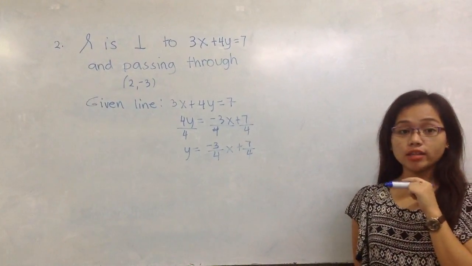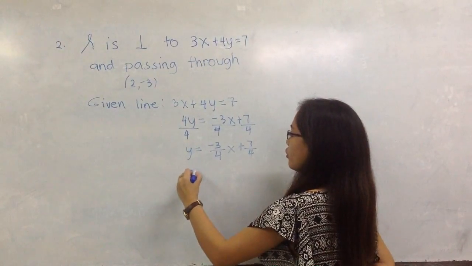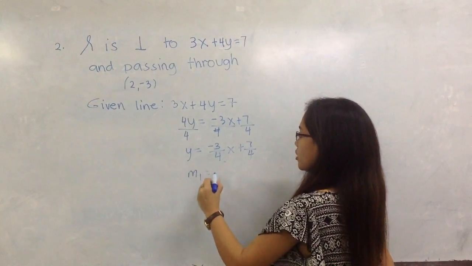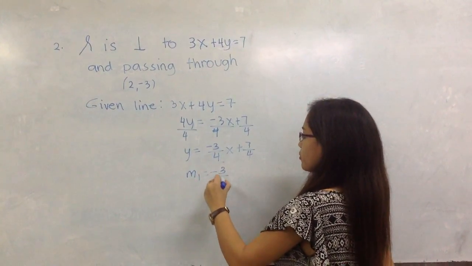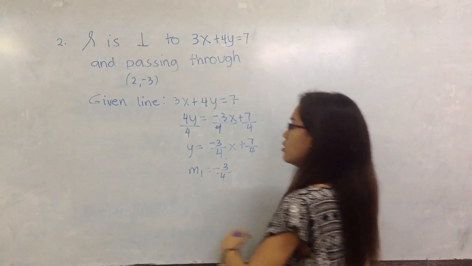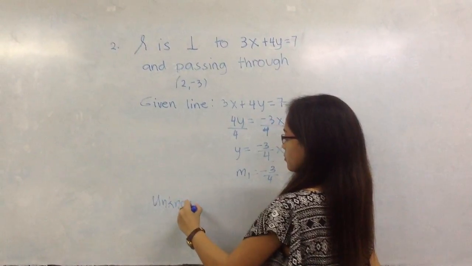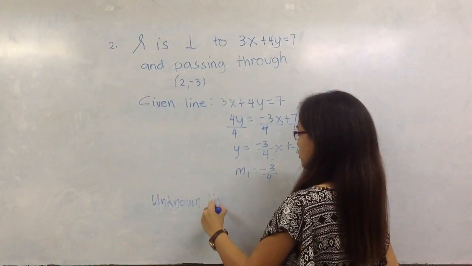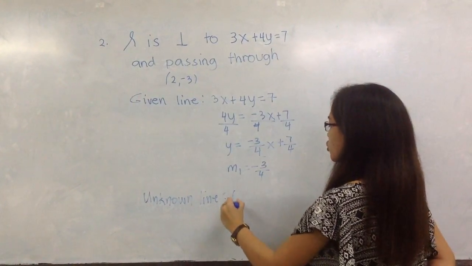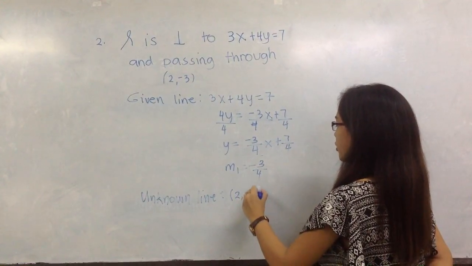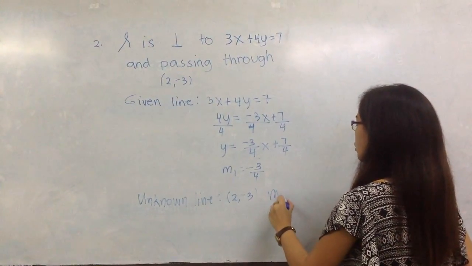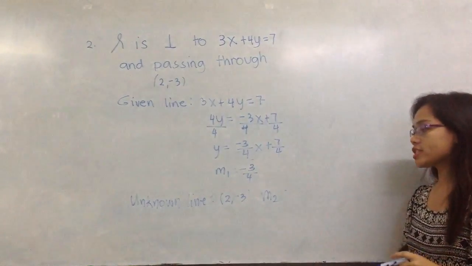So we now find the slope. Therefore m1 is negative 3/4. We are also given a point which we can use to find the unknown line, which is 2, negative 3. And we don't know yet the slope of this line.